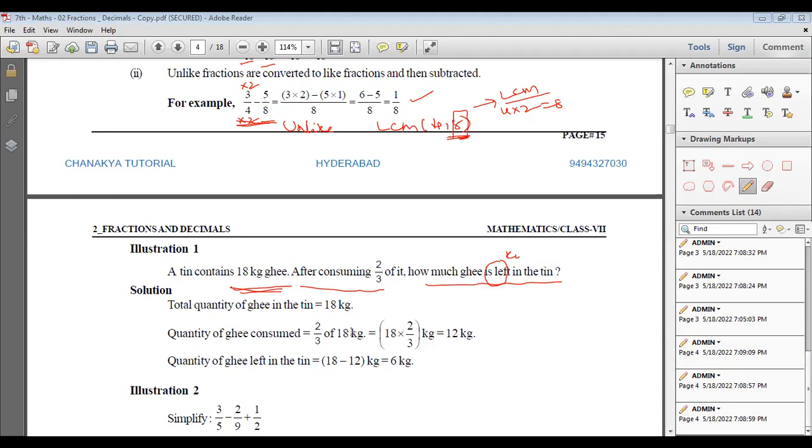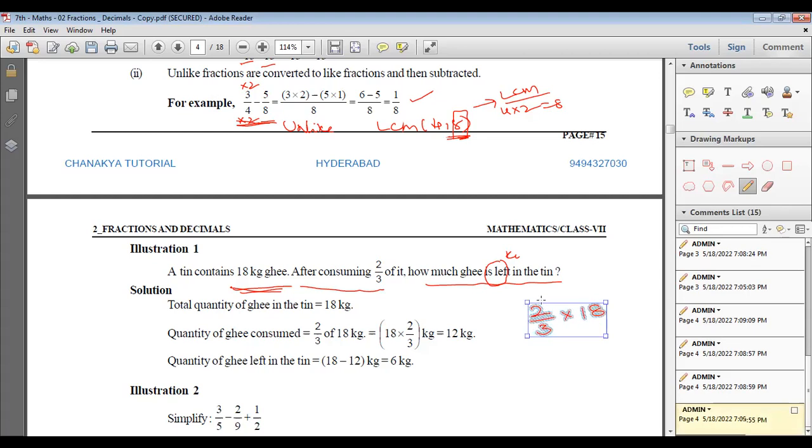And how will you get 6 kgs, children? Because they mentioned after consuming 2/3 of it, 2/3 is consumed. That means 1/3, which is 6 kg, will be left. Of 18 kgs, in 3 parts, 2 were used. 3 sixes are 18, you can cancel.